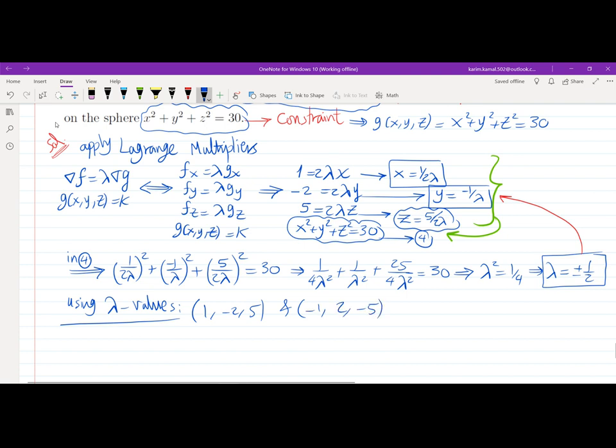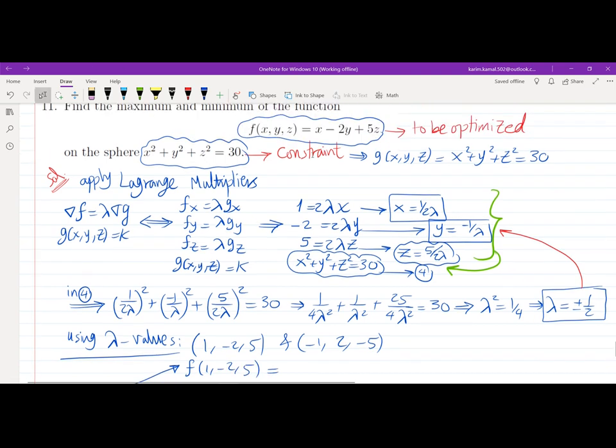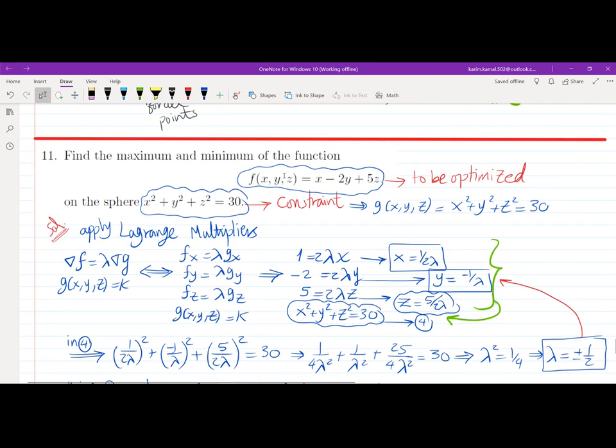Then we have to substitute these critical points in order to find the largest and the smallest value of this function. Then f of 1, -2, and 5, we will use the function itself in order to find the value at each critical point.